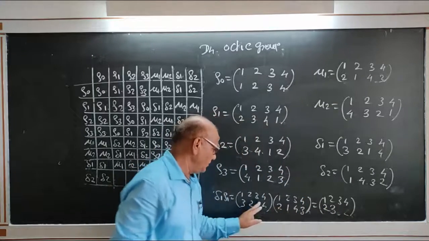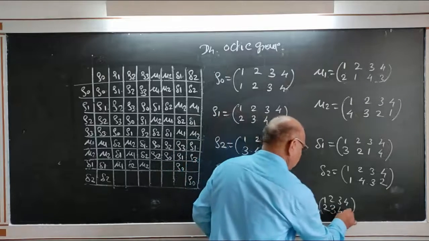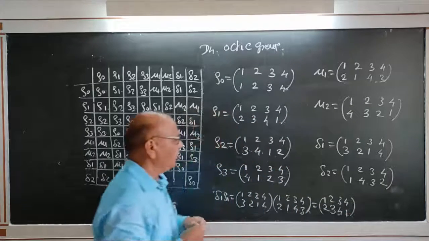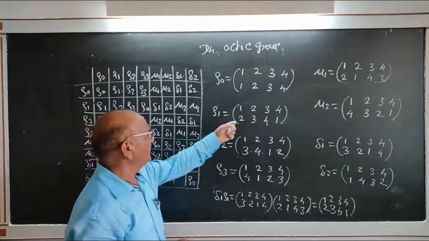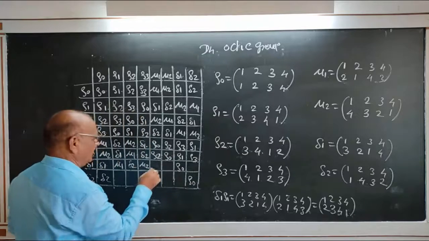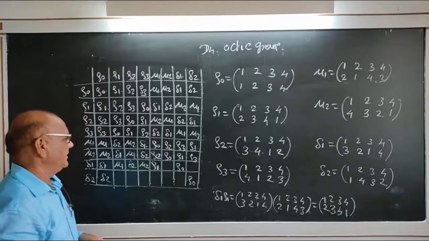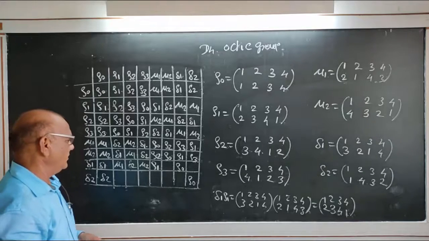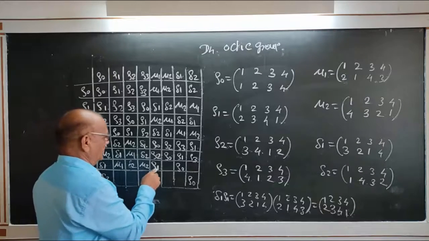Here 3 goes to 4. 4 goes to 4. And here last 1. That gives 2, 3, 4, 1. Row 1. Here row 1. Okay. Row 1. Then here row 1.